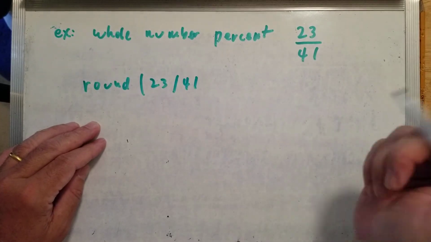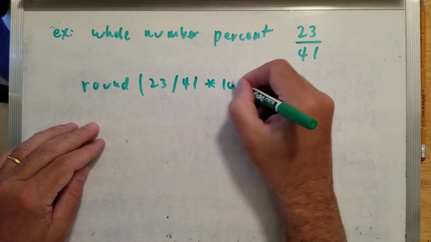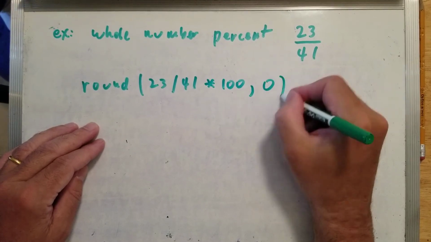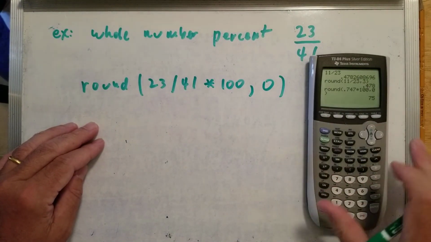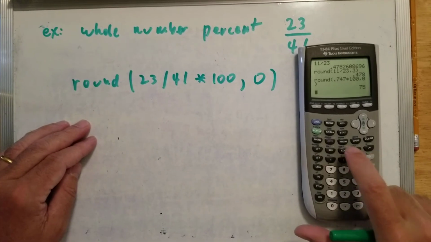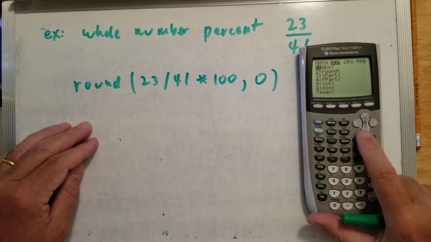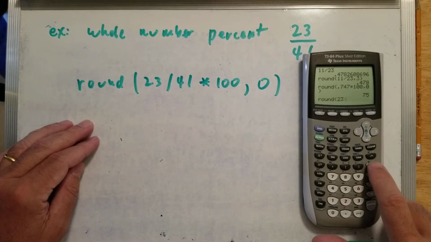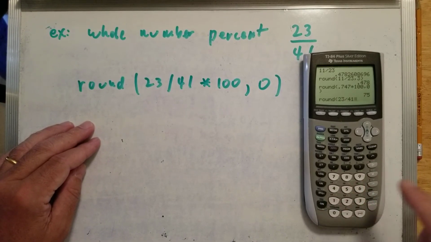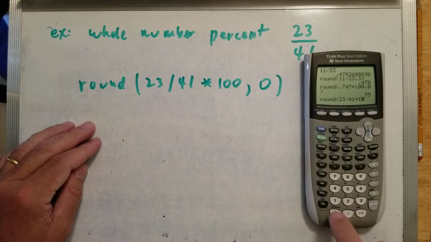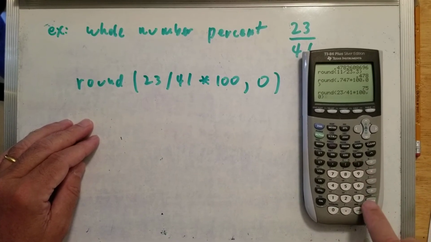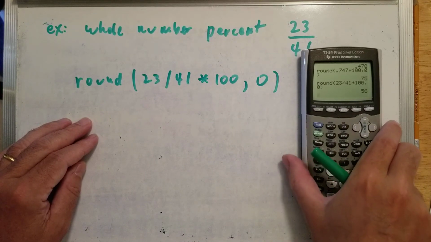To convert it to a percent, I'm going to multiply that by 100. And then to get a whole number percent, I'm going to round it off to 0 decimal places. On the calculator, math, num, round, and then I'm doing 23 divided by 41, multiply it by 100 to get it as a percent, and then round it off to no decimal places. 56%.